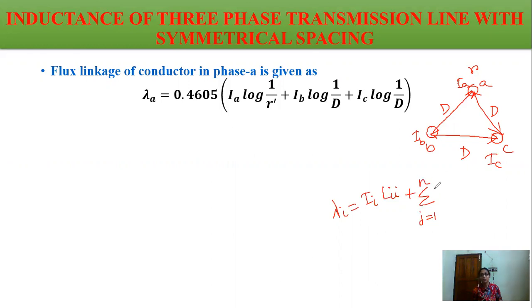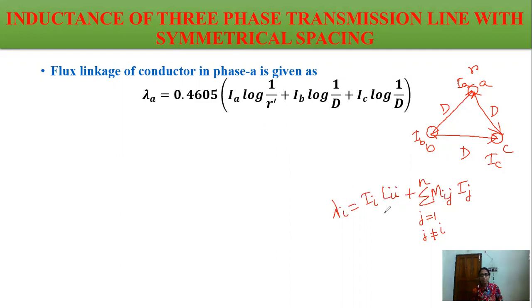If there are n conductors connected in parallel, we have to take the effect of all the conductors except the conductor considered itself. So here j not equal to i, and instead of LII it will be MIJ, the mutual inductance between conductors I and J due to the effect of current IJ.